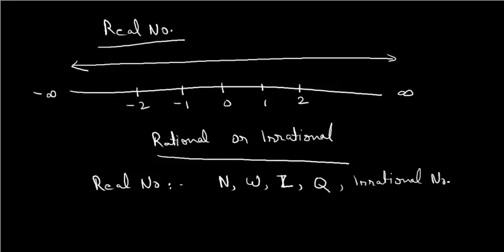If I ask you in reverse, are all irrational numbers real numbers? The answer is yes. Are all rational numbers real numbers? Yes. Are all integers real numbers? Yes. And similarly, all natural numbers and whole numbers are also real numbers. But if I ask you the reverse question, are all real numbers integers?